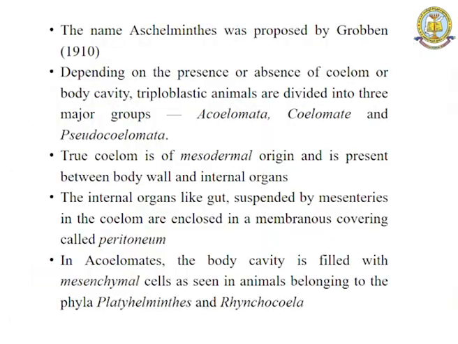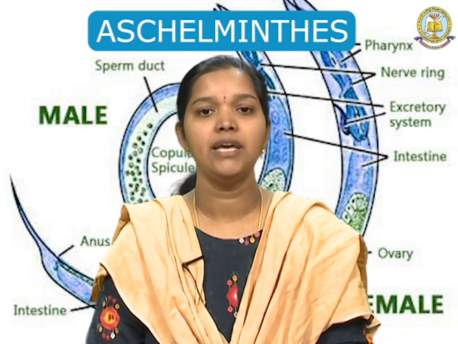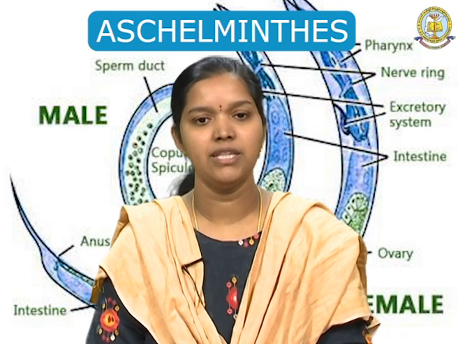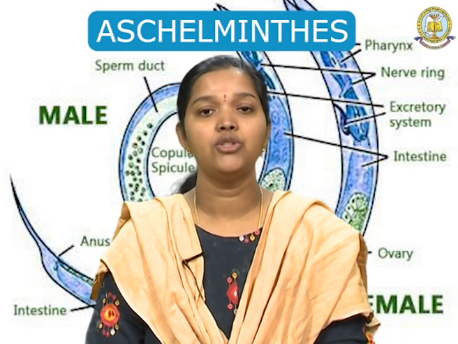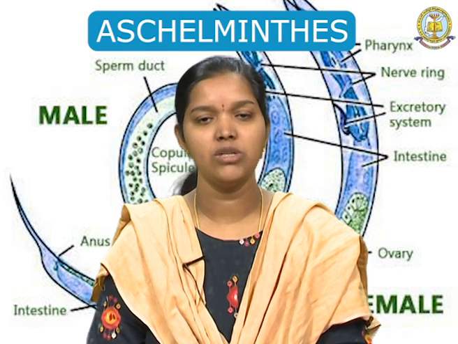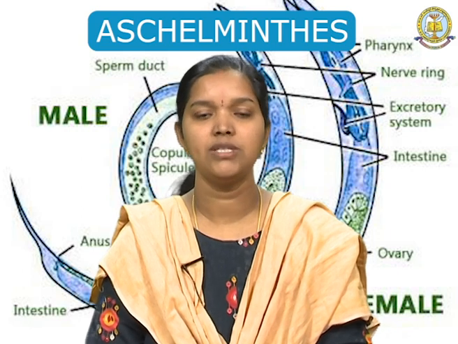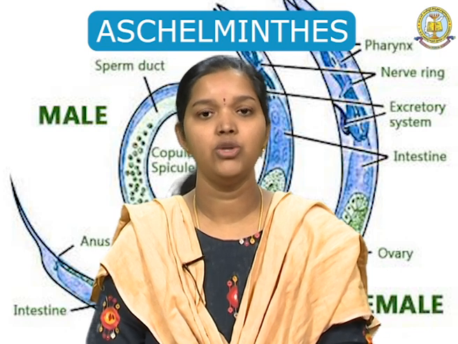The internal organs like the gut are held in the body cavity with the help of mesenteries, and it has a membranous covering called the peritoneum. Those which have the true coelom are called true coelomates or eucoelomates.